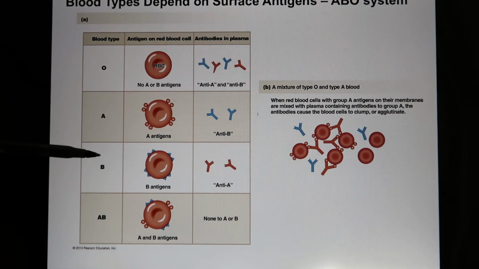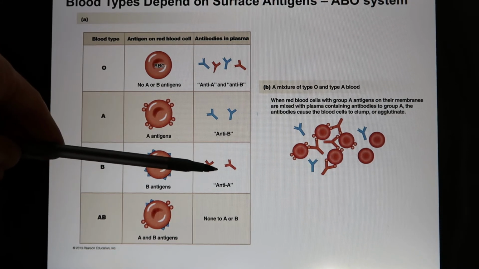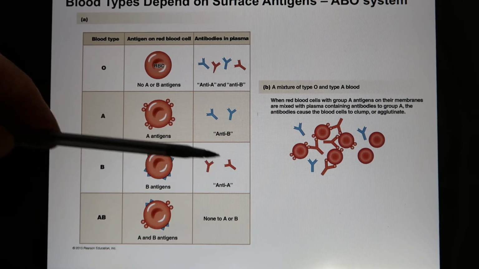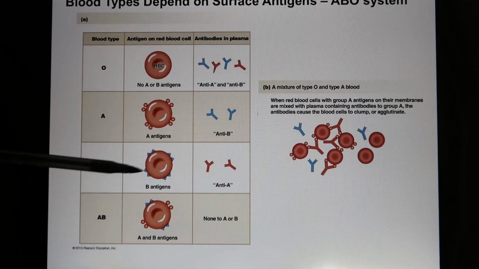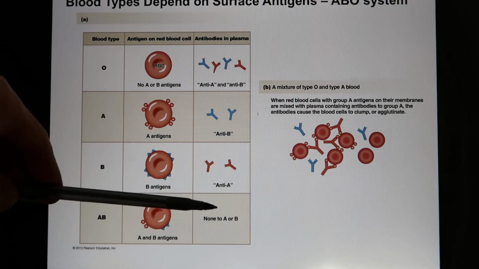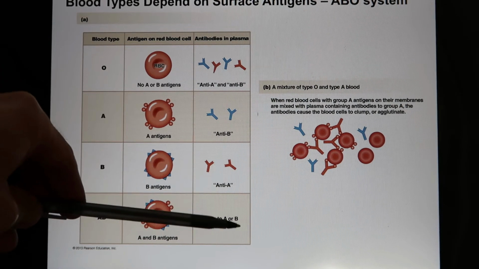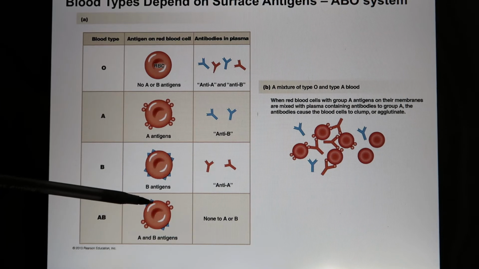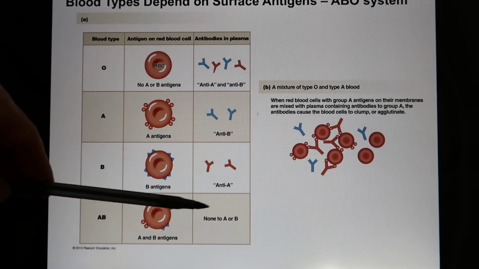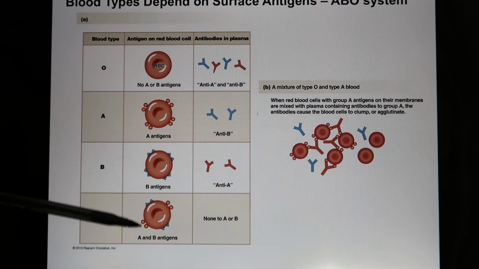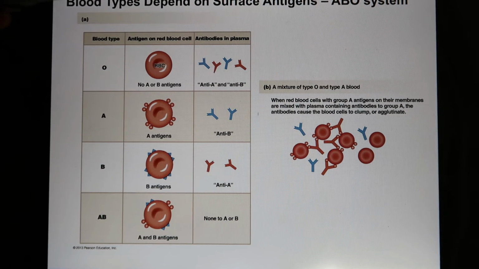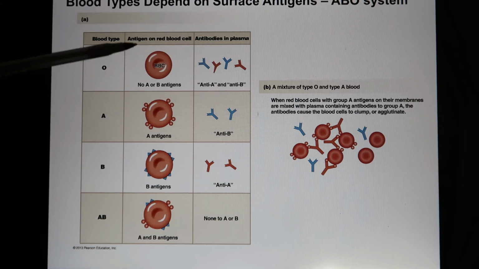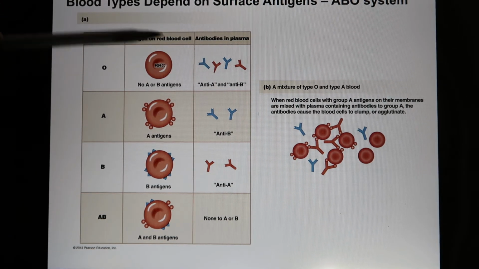For a blood type B person, they have antigen B on the red blood cell and anti-A antibody in the plasma. And if this person is blood type AB, he has antigen A and antigen B, and he has no antibody, because if he had anti-A or anti-B, it would attack. So the blood type AB person's red blood cell has A, has B, and no antibody. And we use the antibody and antigen match to identify the blood type.